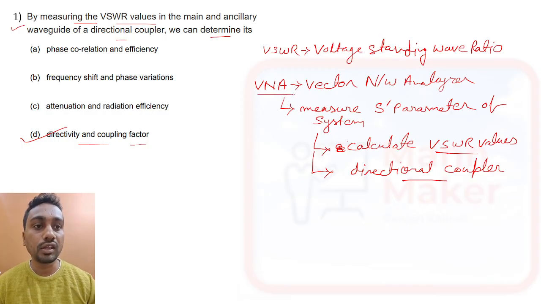And one more thing, VNA is vector network analyzer. Using a vector network analyzer, we can measure the S parameter of a system. By measuring the S parameter of a system, we can calculate VSWR values and directional coupler.